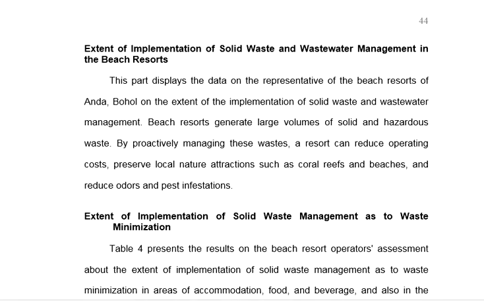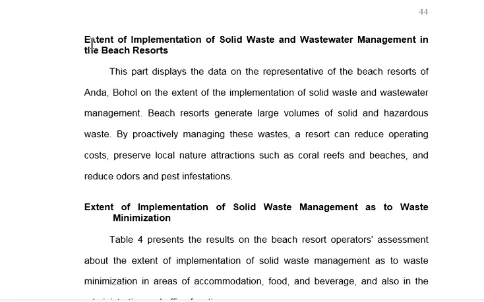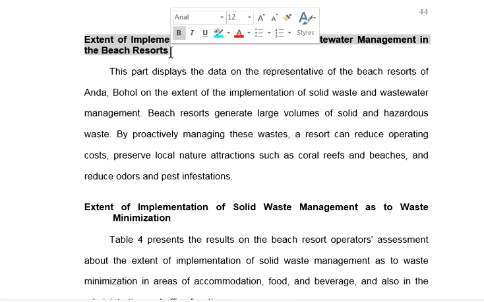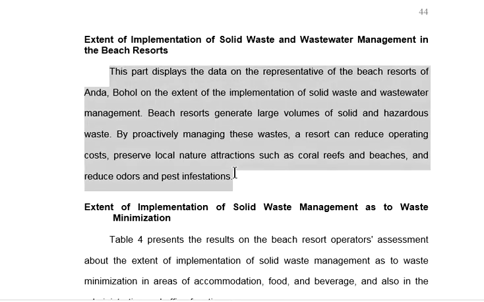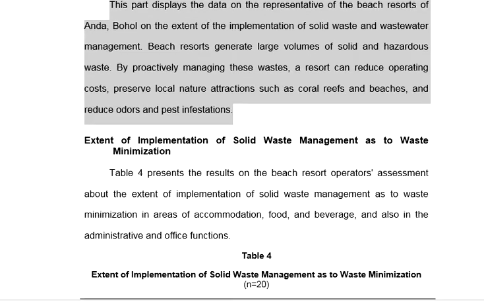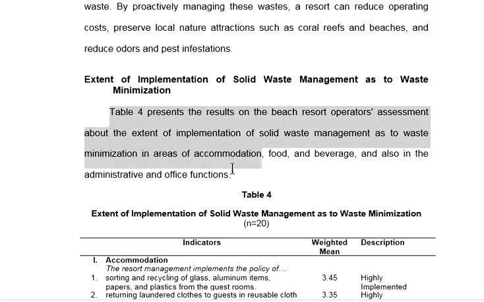Now, let's proceed to the extent of implementation of solid waste and wastewater management in the beach resort. So again, there are many indicators in this variable. They have a general statement, and after the general statement, there is a specific statement in the table.